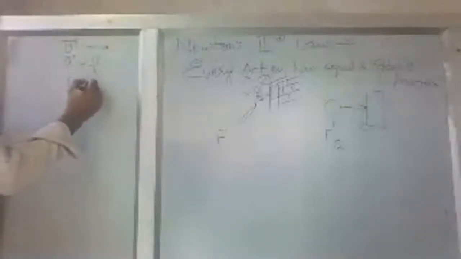I am putting an arrow over it. Since force is mass times acceleration, and mass is constant, force is also a vector quantity, so its direction can be seen. From 1 to 2 is the direction, so I am putting an arrow on it. This is the force of the first body on the second body.